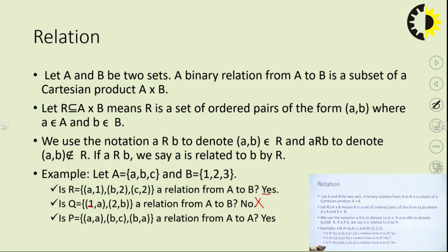Now, let's talk about the last relation, denoted by capital P. If P contains (a, b), (a, a), (b, c), (b, a), is this a relation from A to A?